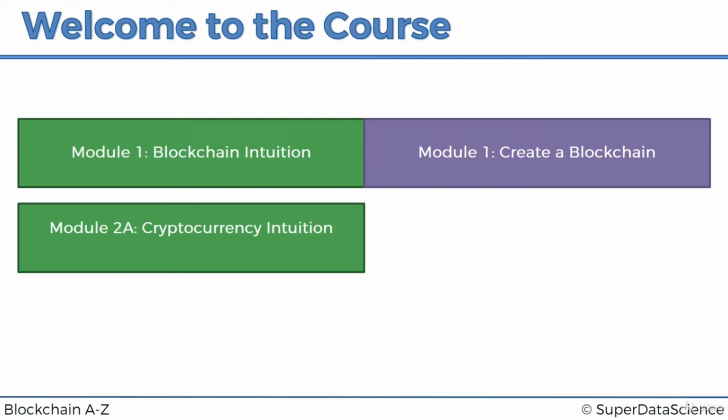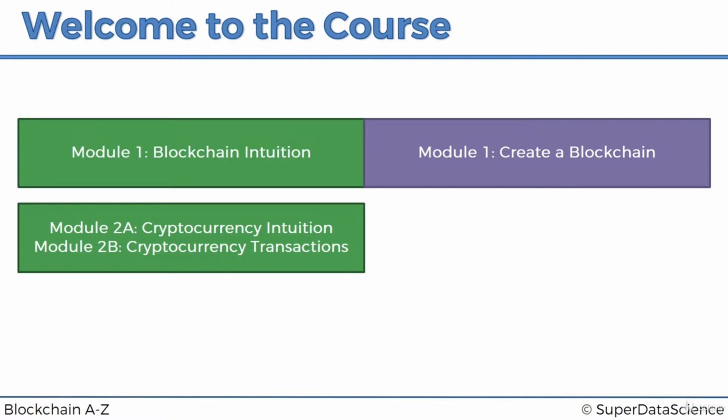Then we'll move on to Module 2, which consists of two parts in terms of the intuition. Module 2a is the cryptocurrency intuition, where you will find out all of the fundamentals of how cryptocurrencies work. And Module 2b is the cryptocurrency transactions intuition, where we will dig even deeper into how transactions work for cryptocurrencies. So basically, Module 2 will be building upon what we learn in Module 1.